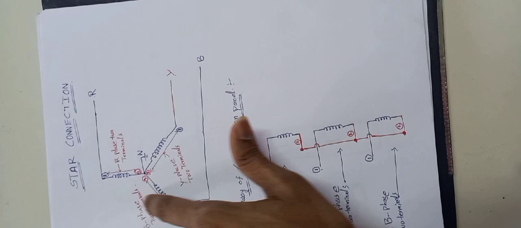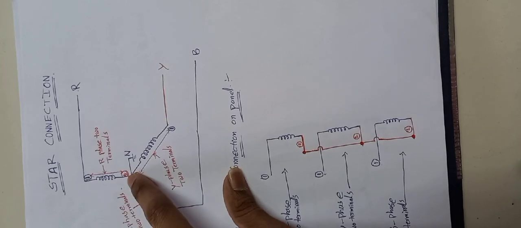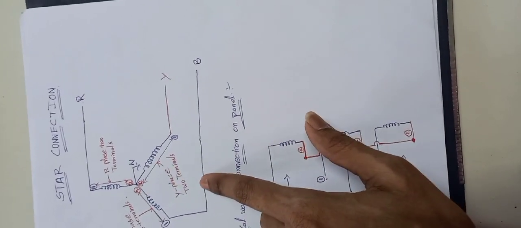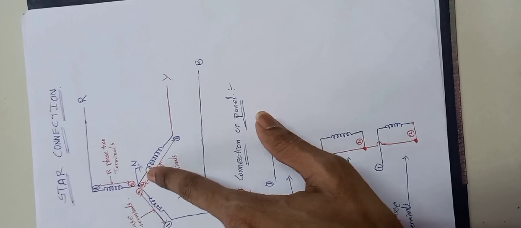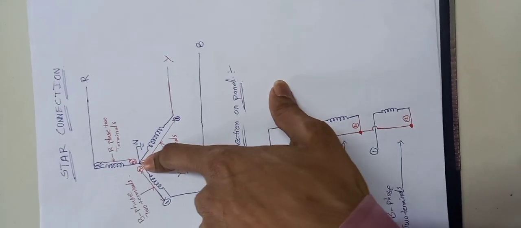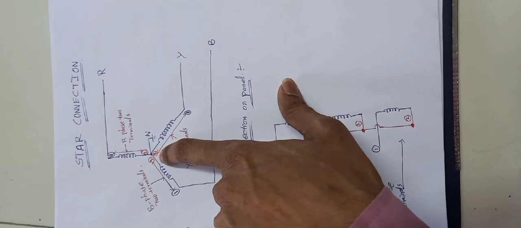So you remember here we have three phases in a star connection. In the three phases, first phase second terminal, second phase second terminal, and third phase second terminal. It means all three phases' second terminals are connected at one particular point, and that is a star connection.